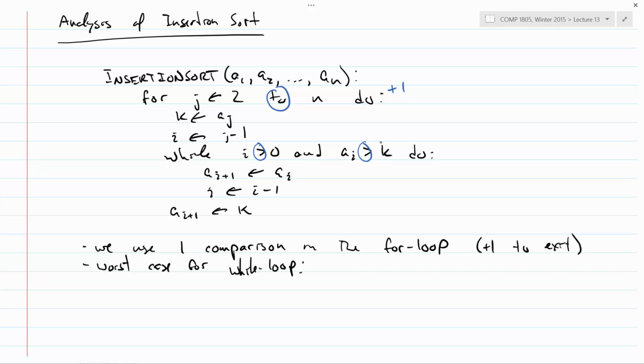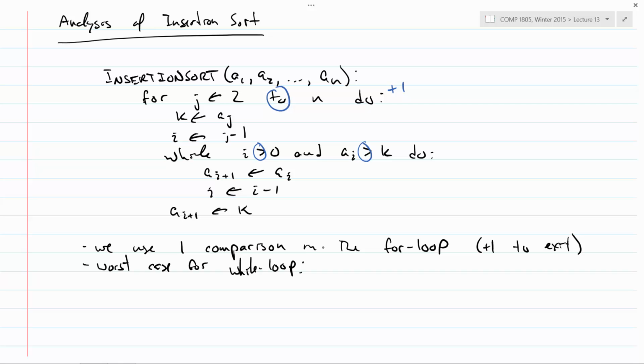If I leave the while loop because this second condition is false, I'm only going to be better. And I want the worst case. So the worst case is I start at j minus 1 and I go all the way down to i equals 0. Anything else, I would leave the loop sooner.